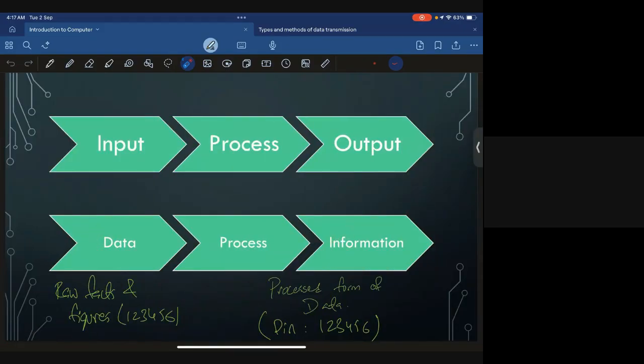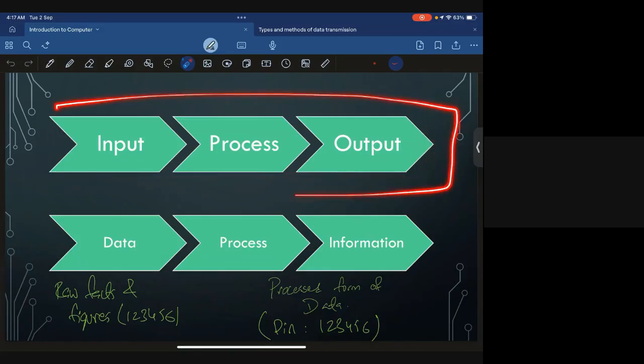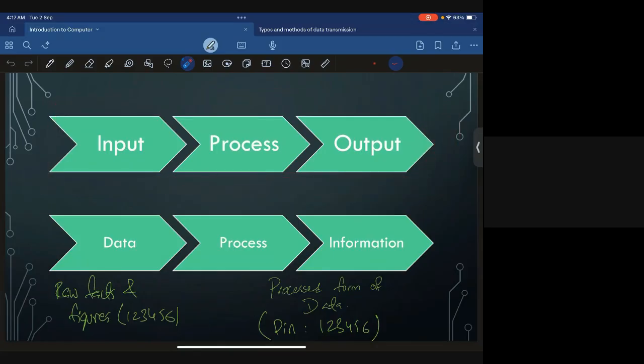The diagram you're seeing, before we continue further on, is how a computer works in a basic manner. So this is the basic working of a computer. According to the new syllabus update after 2023, you as a candidate might be asked to draw any diagram of something that you might have studied or just read.